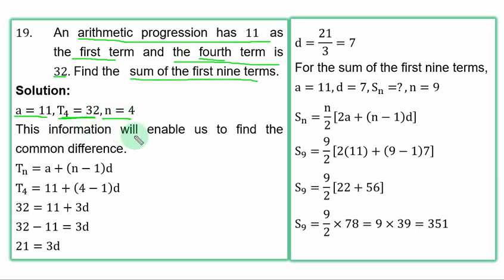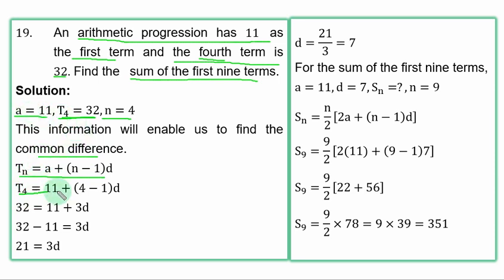This information will enable us to find the common difference using the nth term formula of an AP. So n is 4. First term is 11.